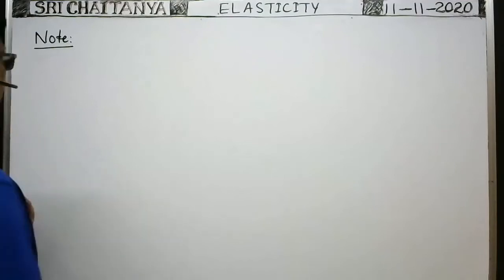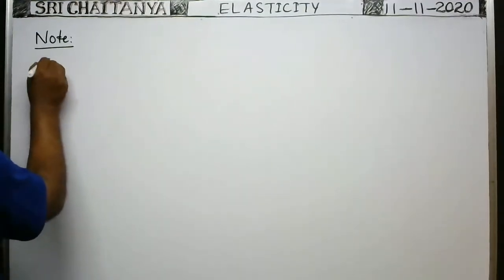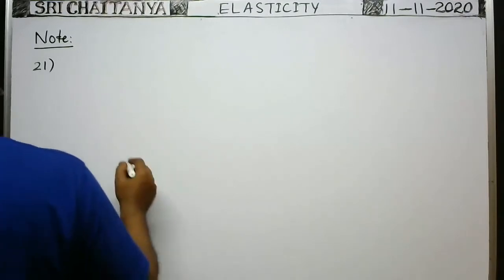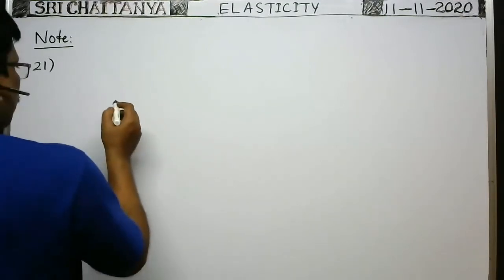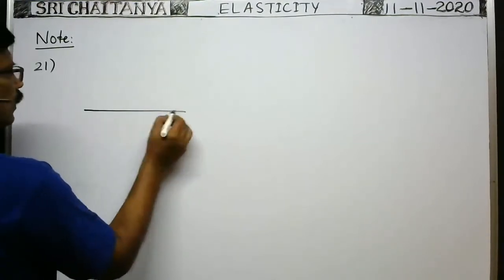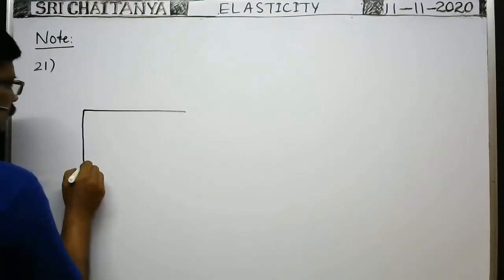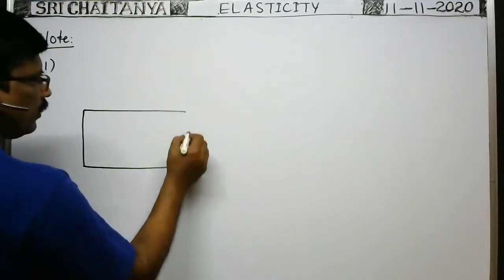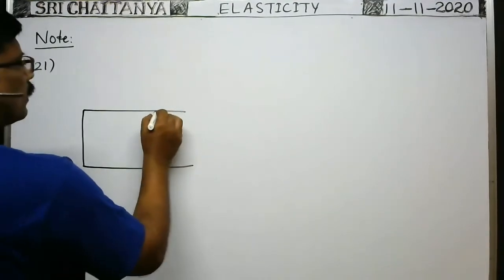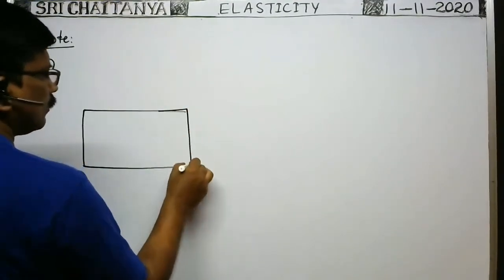Okay, next, the 21st one. Here there is a cylindrical rod. From the sidewise view, the cylindrical rod appears like this.